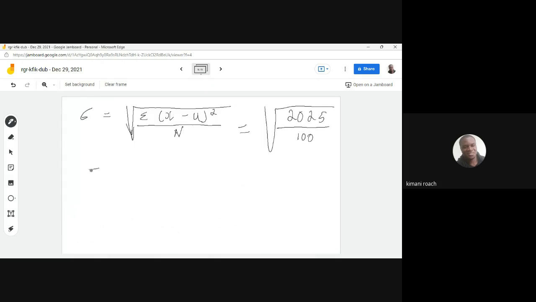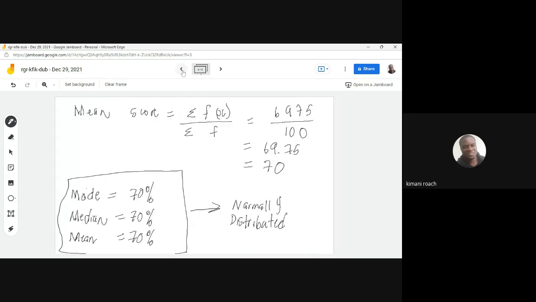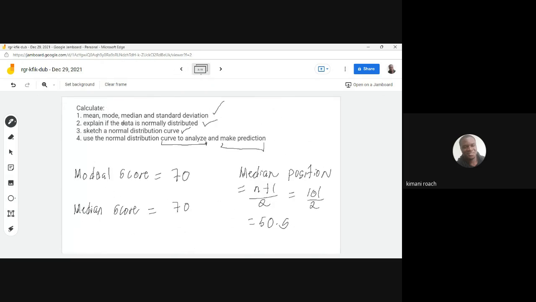And of course, this is going to give me 4.5. So thus far, we're able to use our mean or mode and our median to determine if our data follows a normal distribution.